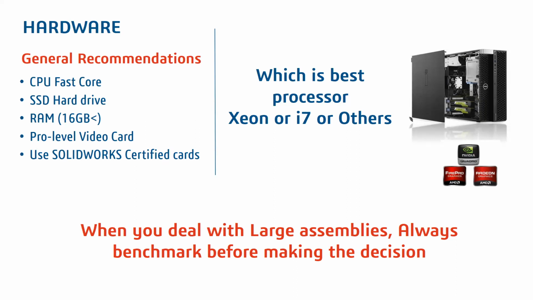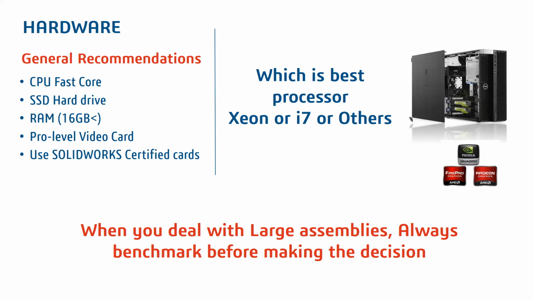Of course, yes. When you are dealing with large assemblies, always benchmark your requirement. For example, if you are handling large assemblies, go and test various system specifications to find which is suitable for you. I can take you through this kind of scenario in one of our case studies, where you can sense which processor is faster.